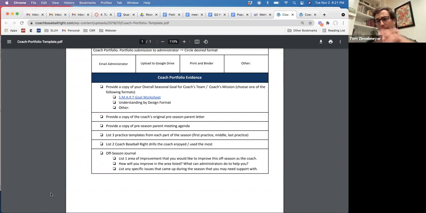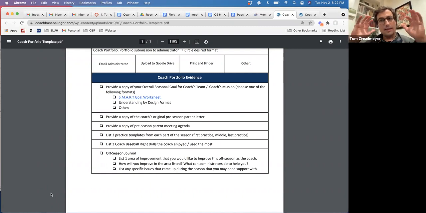Another aspect that we can get into the weeds on down the road is understanding by design. In the curriculum teaching world, that's backwards design. So you start with, where do you want your team, what do you aspire your team to be? And then you work backwards. How do you get to that aspiration? What are the skills? What's the knowledge? What are the understandings that you have to teach them on a week by week basis to get to that end goal?